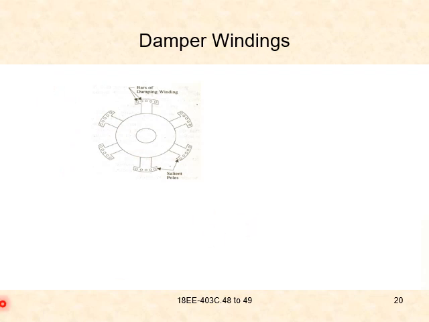All these damper windings are short circuited by means of an end ring, which is made of copper bars.